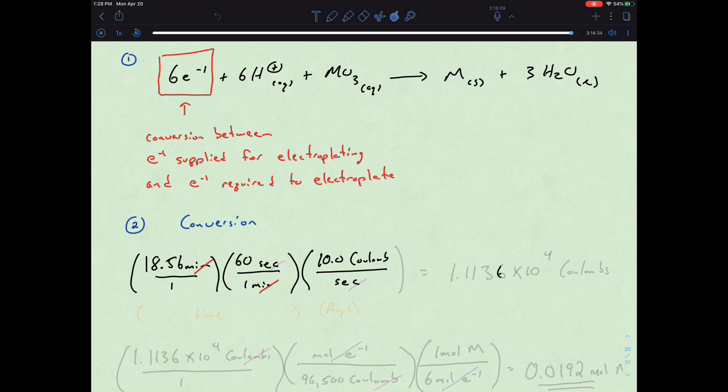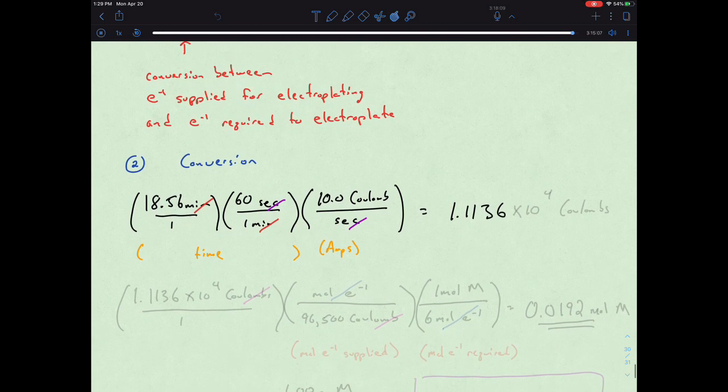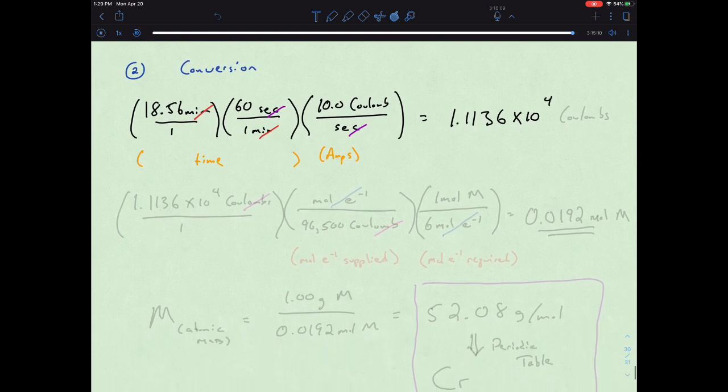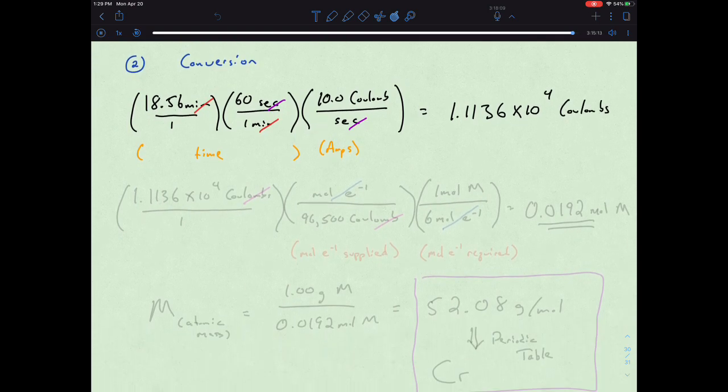Remember that is our notion of amps, and this is our notion of time that we have with the conversion. So now our seconds are canceled out and we're left in terms of charge. And if we solve for that charge, we get a value of 1.1136 times 10 to the 4th coulombs.